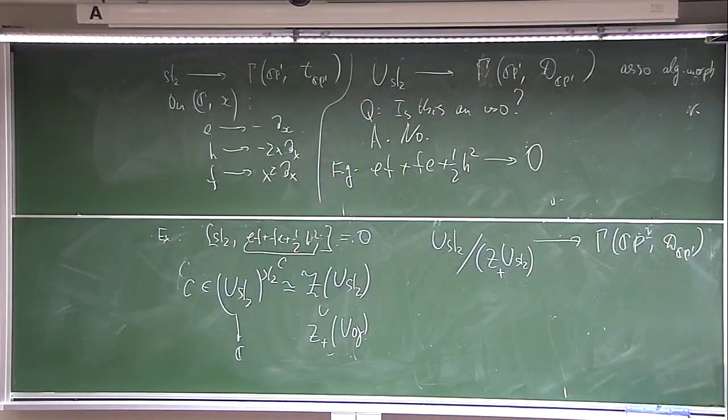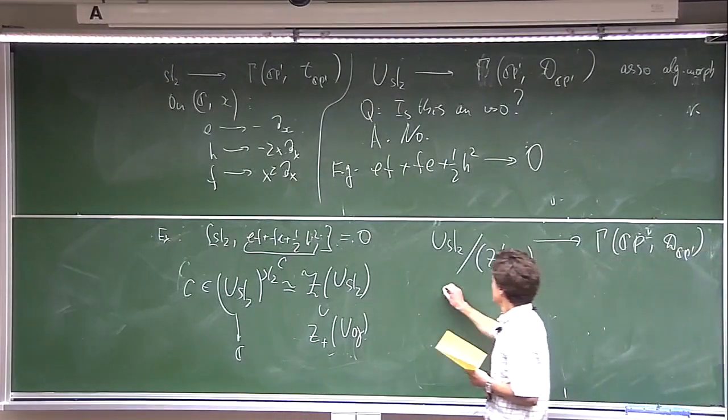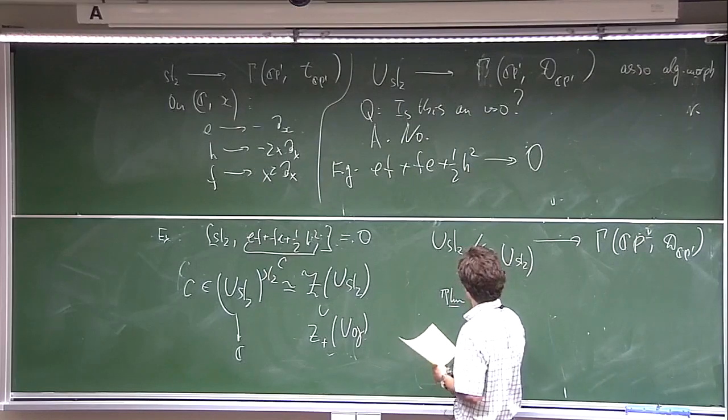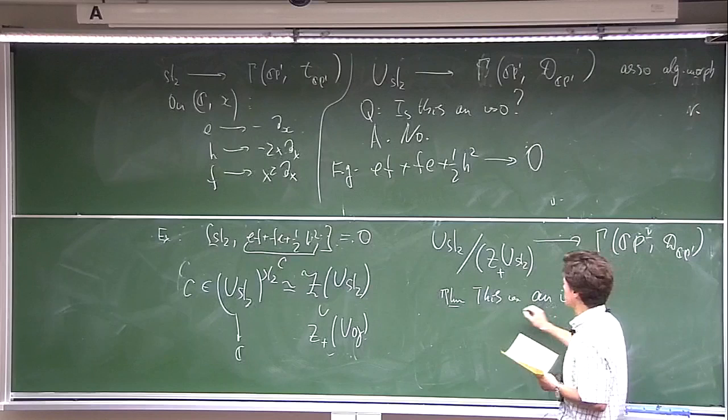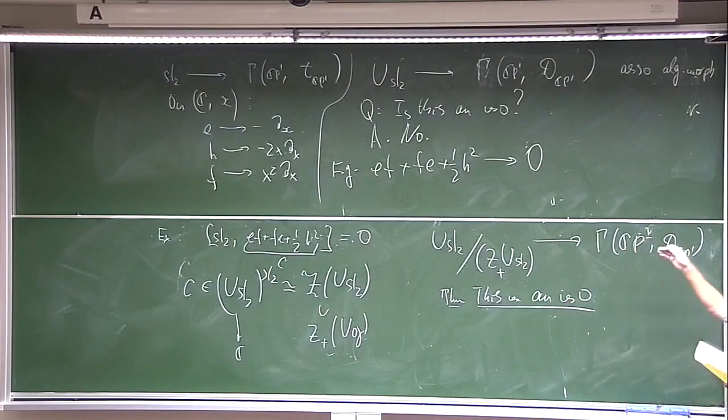A theorem. This is an isomorphism, and this theorem is an important part of this general program of Bernstein-Beilinson localization. It's great fun and very instructive to prove it, and so I'll do this for you.